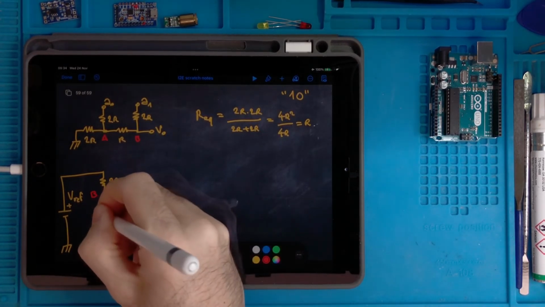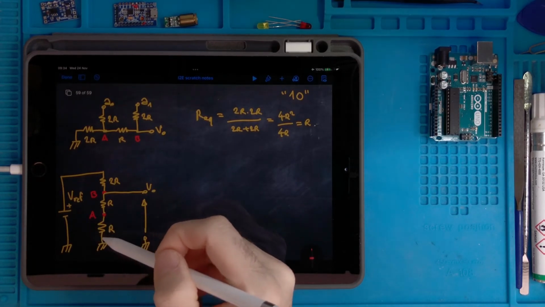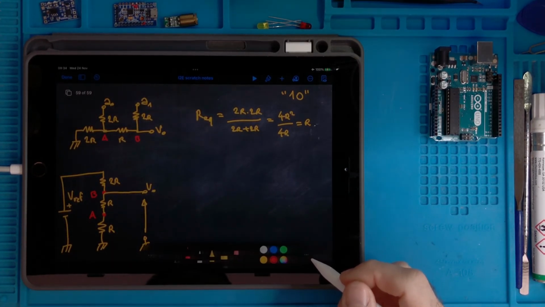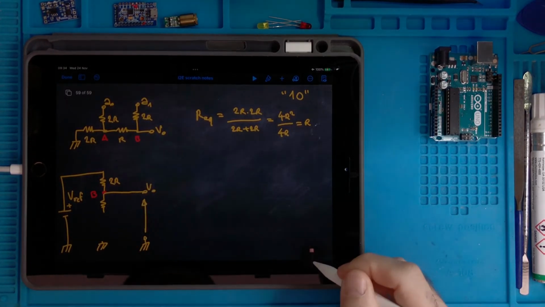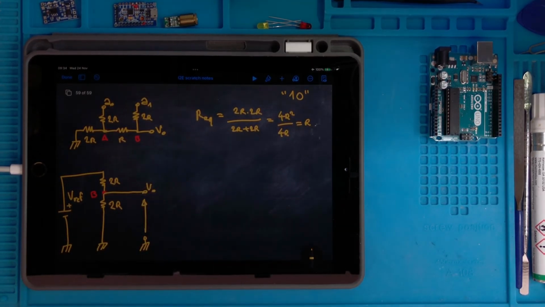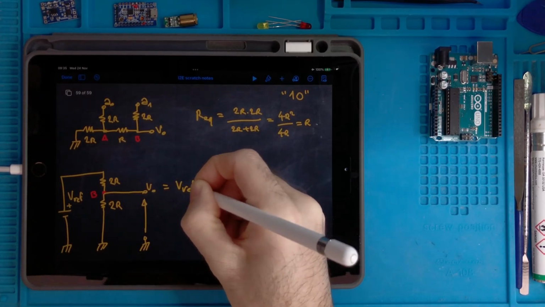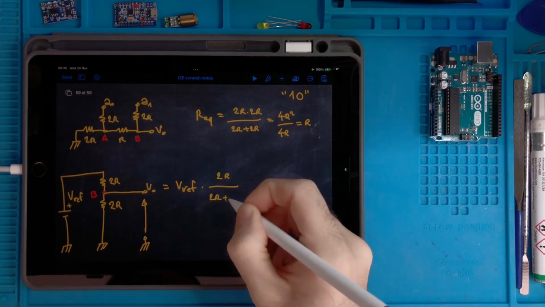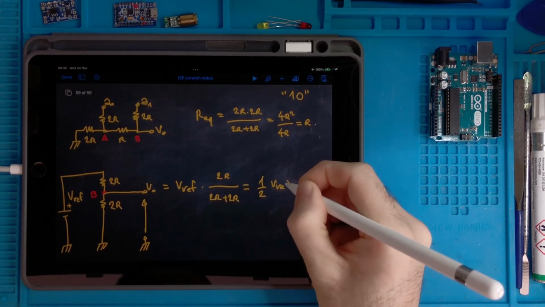And this is the node A. Okay. Now it's easy because those two resistors are in series, so we can replace them with their equivalent resistor, which is the summation of the two. So here we have 2R, and now we have this voltage divider, so the output is V reference multiplied by this resistor 2R divided by the sum of the two, and this is 1/2 Vref.